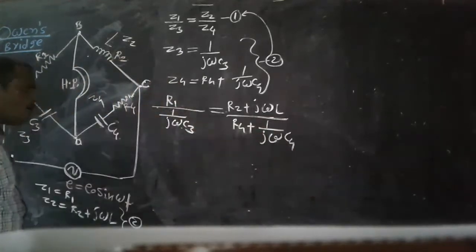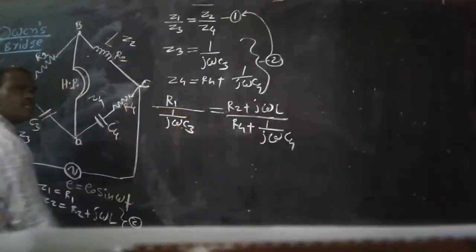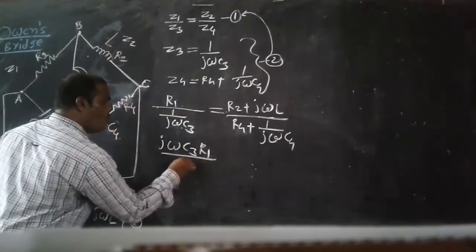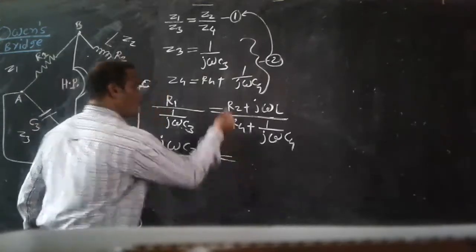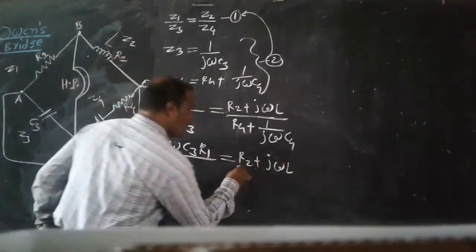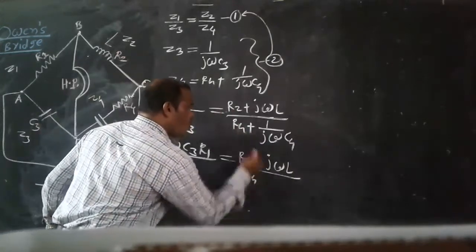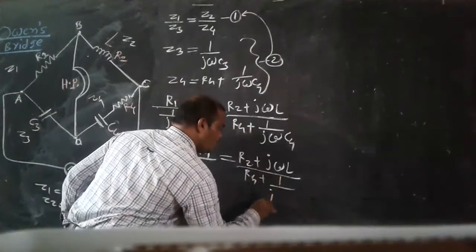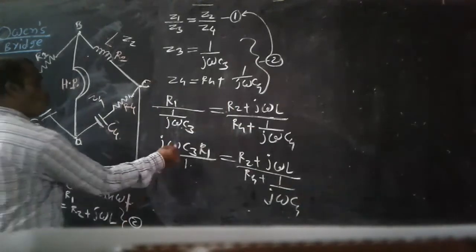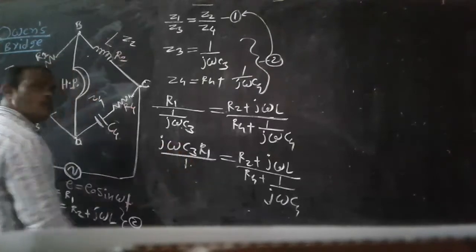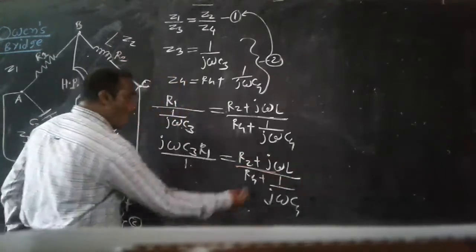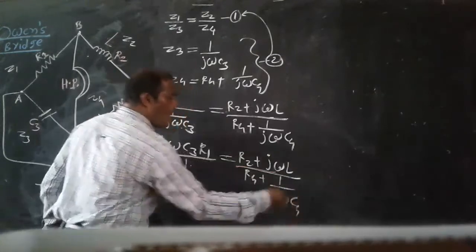Now we can solve the left hand side. R1 upon 1 upon j omega C3 can be written as j omega C3 R1 upon 1, equal to the right hand side as it is, R2 plus j omega L divided by R4 plus 1 upon j omega C4.